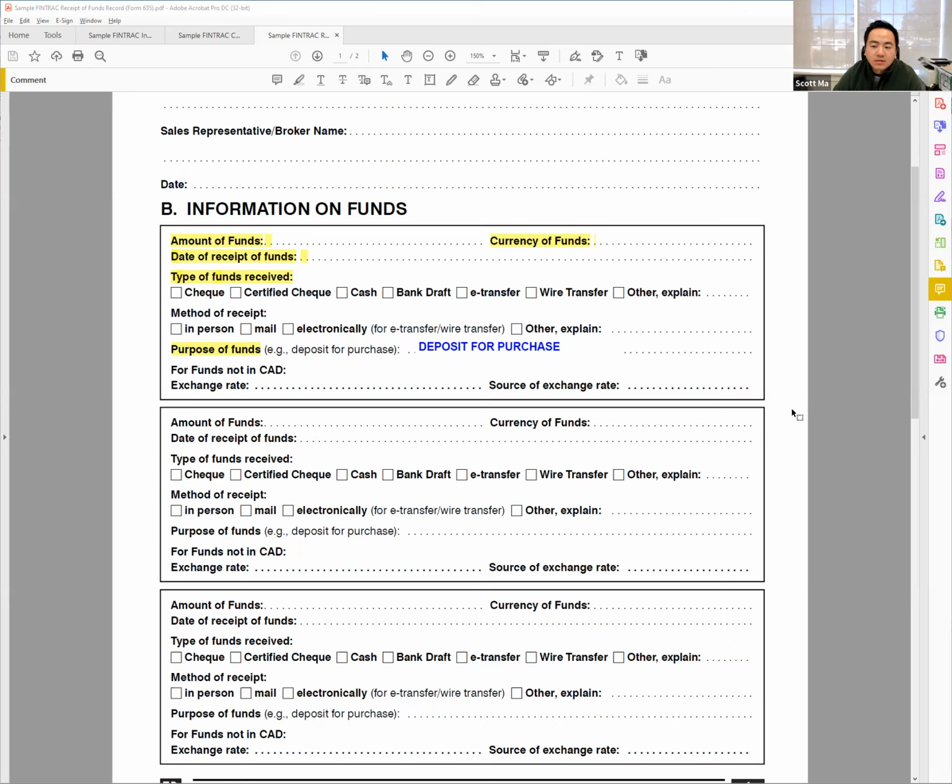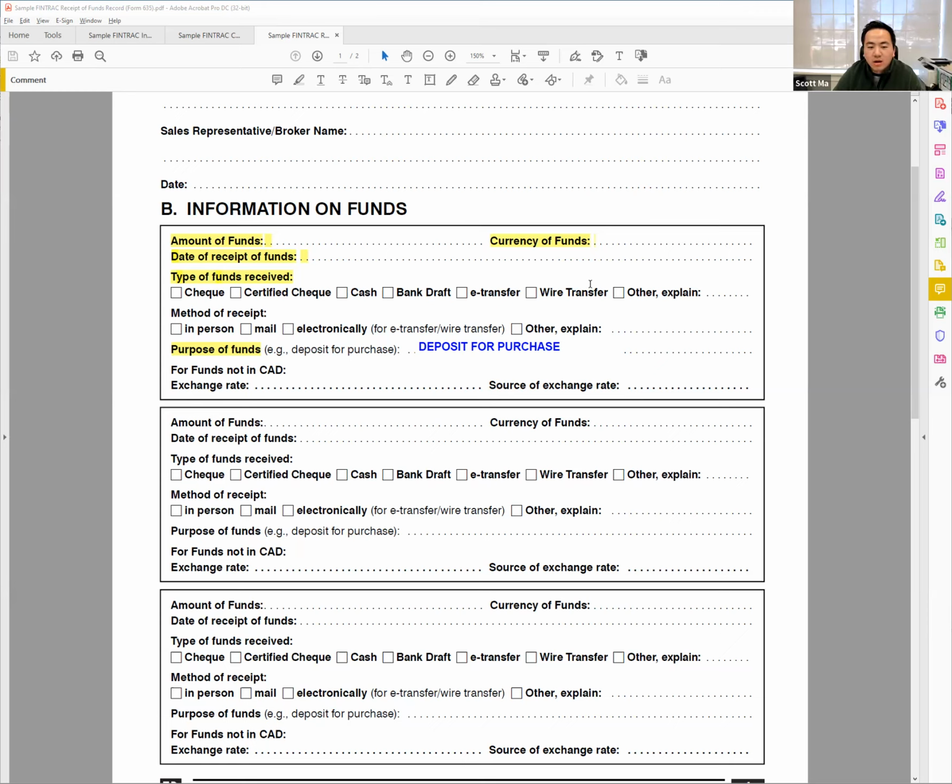So Grace asked, do I have to fill out this form if the buyer EMTs the deposit directly to the listing brokerage? The answer is yes, because even though your buyer is directly wiring the funds to the listing brokerage, you should still fill out this form, because the option here provides for e-transfers and wire transfers. And your buyer is paying funds for this purchase.